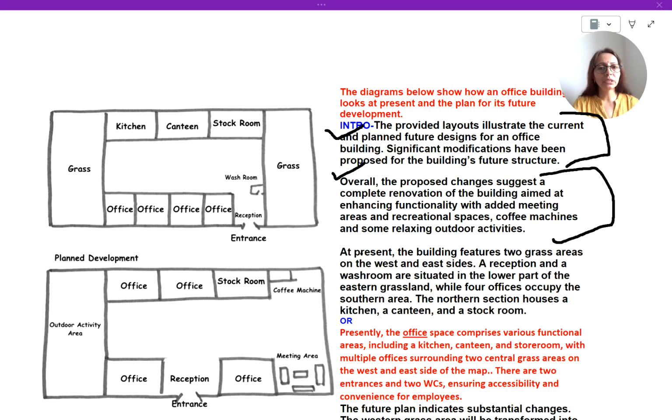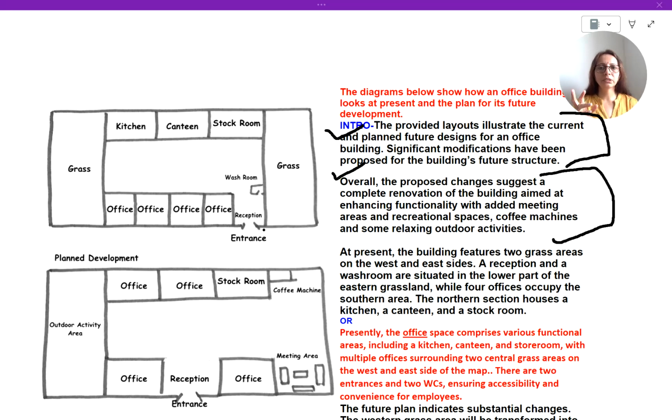So looking into the details about the present map, or you can start with at present. The building features, means comprises, it consists of two grass areas on the west and east sides. In simple language, a reception and a washroom are situated in the lower part of the eastern grassland.